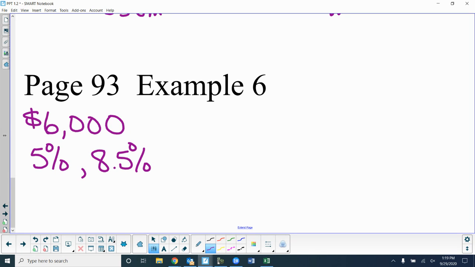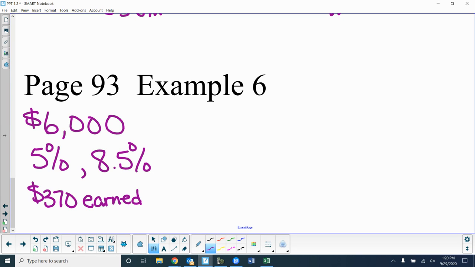It says, together the investments earn $370. Okay, so they're going to make some money, interest, just sitting in there. One's getting 5% interest, the other one's getting 8.5%, but the total earned after 1 year is $370. Okay, so the question is, find the amount invested at each rate.